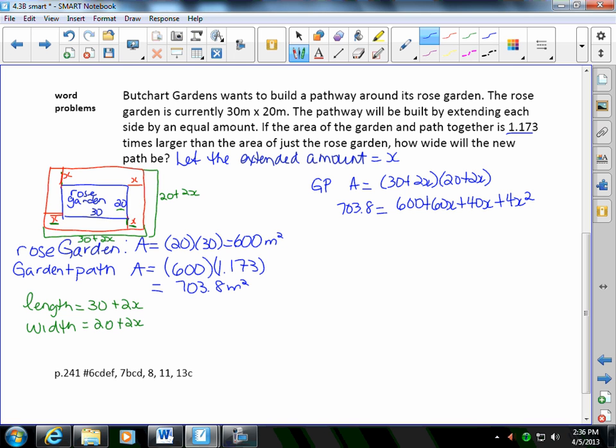So I'm just going to rewrite this. I'm not going to make any drastic changes. I'm just going to flip sides and collect my like terms. So I have 703.8 is equal to 4x squared plus 100x plus 600.